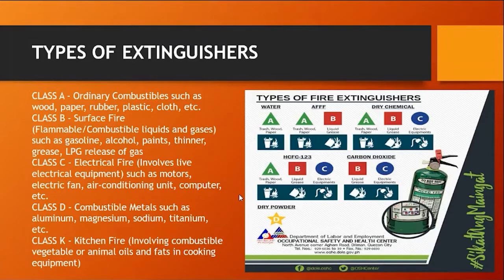Next is Class C, electrical fire, involving live electrical equipment such as motors, electric fan, air conditioning unit, computer. Next is Class D, combustible metals such as aluminum, magnesium, sodium, titanium. Next is Class K, involving combustible vegetable or animal oils and fats in cooking equipment.